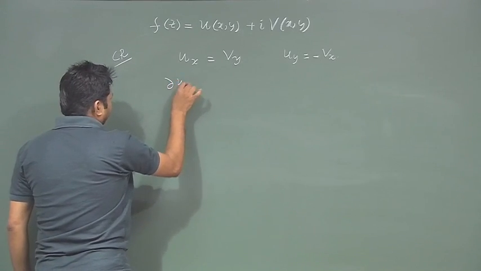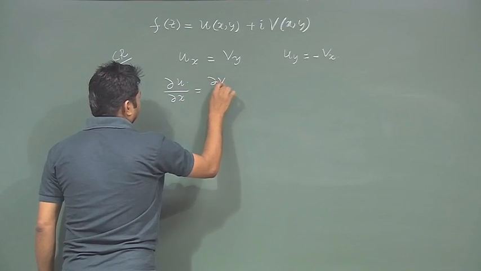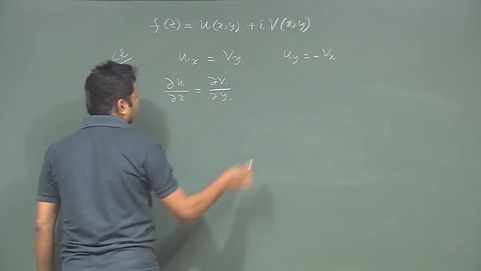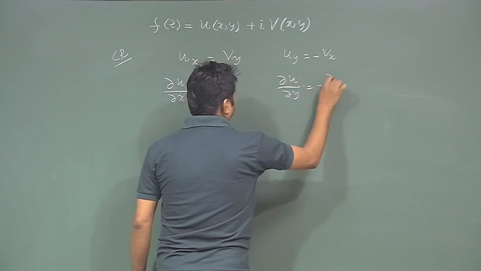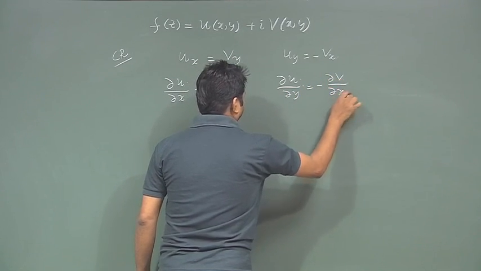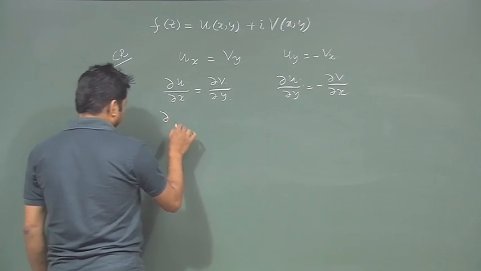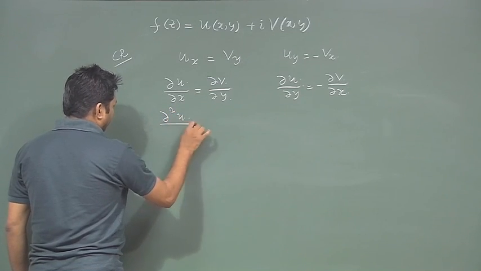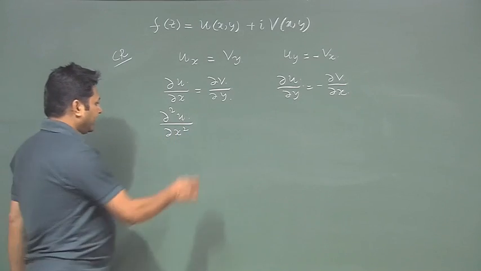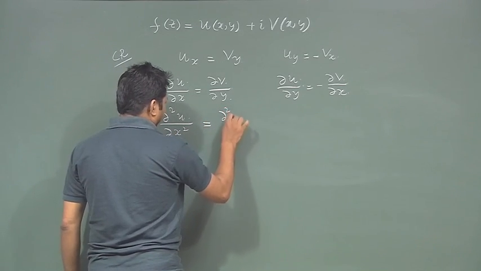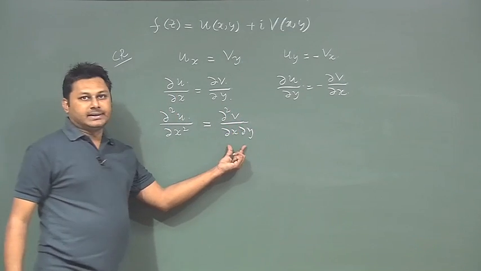These two things are with me. If I write it in just the del notation, it should be something like this. So let me write it. Now if I take a derivative on both sides with respect to x, on the right hand side I should have this quantity.